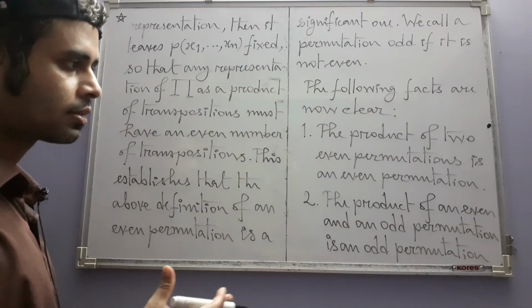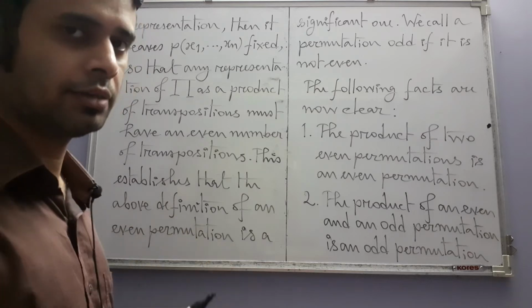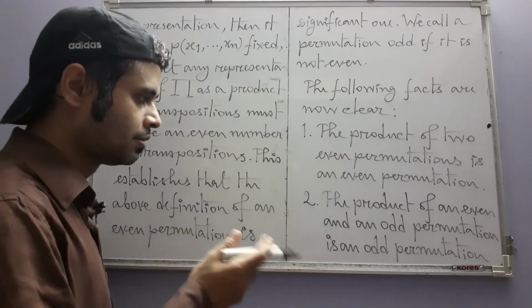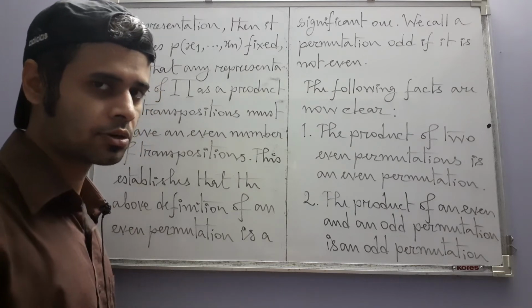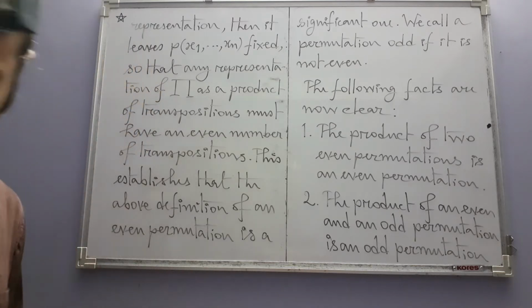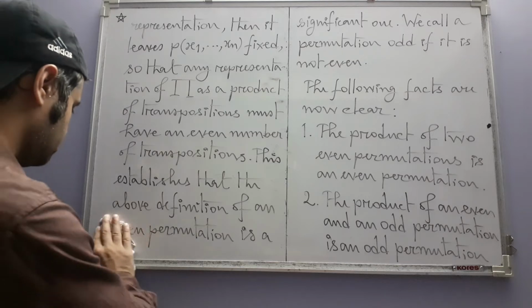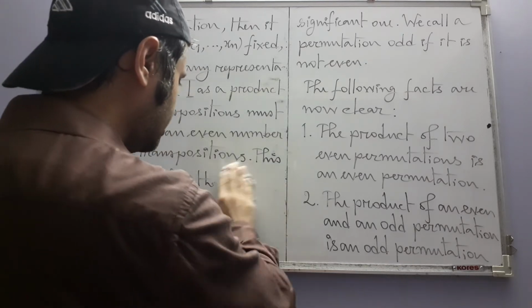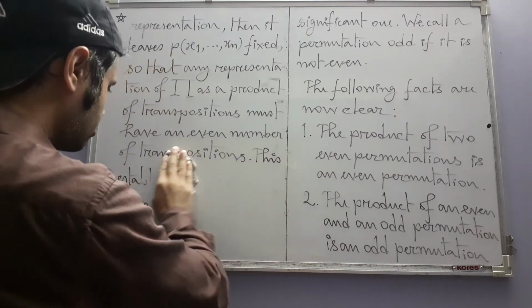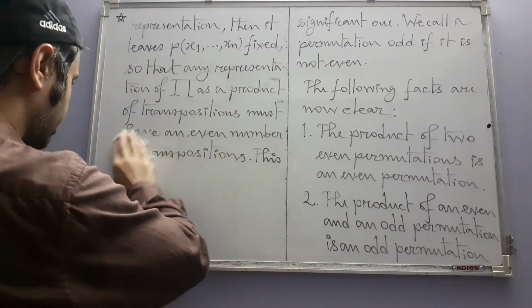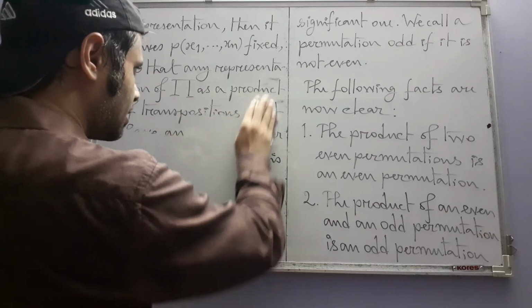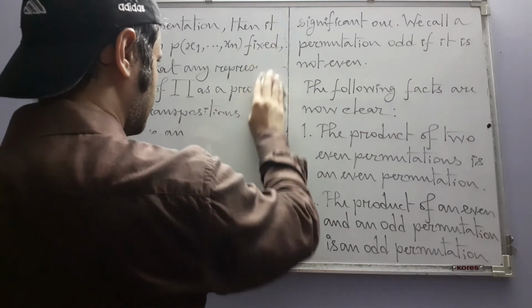As is the product of an odd permutation and an even permutation. That also needs to be separately mentioned because product of permutations is not commutative. And that same argument here amounts to oddness of the product, because an even number plus an odd number is an odd number.